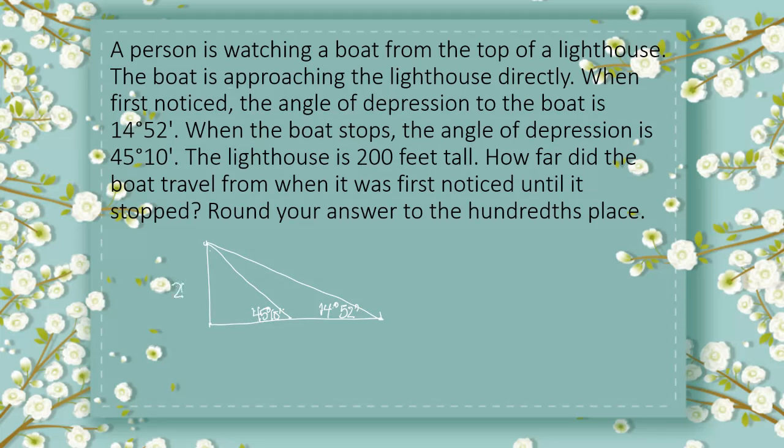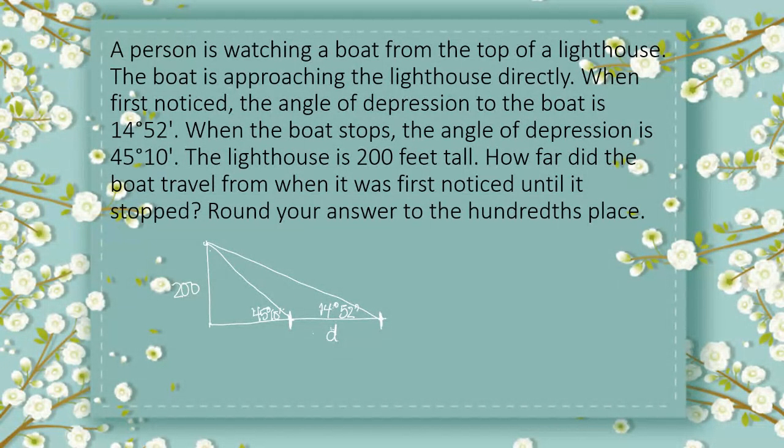The lighthouse is 200 feet. That doesn't change. What changes is the distance, and what they're asking you for is the distance from this first point to the second point. I'm going to call it D for distance, okay?